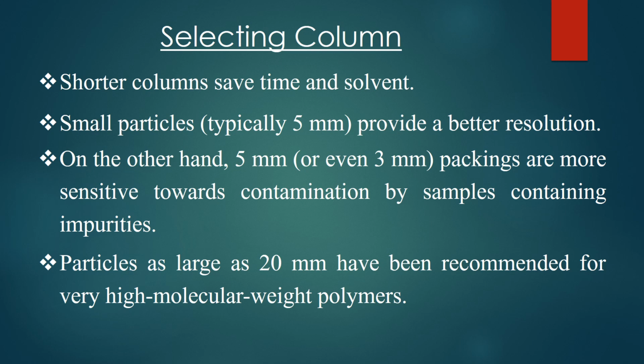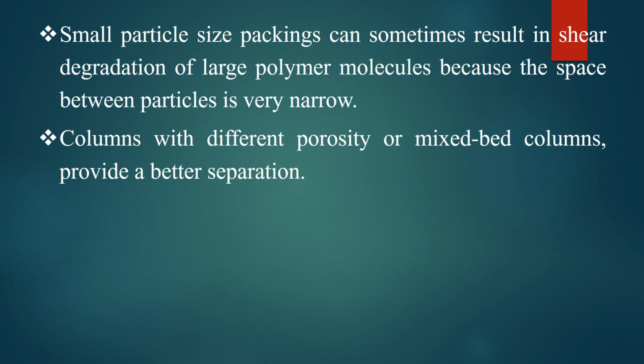Particles as large as 20 mm have been recommended for very high molecular weight polymers. Small particle size packings can sometimes result in shear degradation of large polymer molecules because the space between particles is very narrow. Columns with different porosity or mixed bed columns provide a better separation.